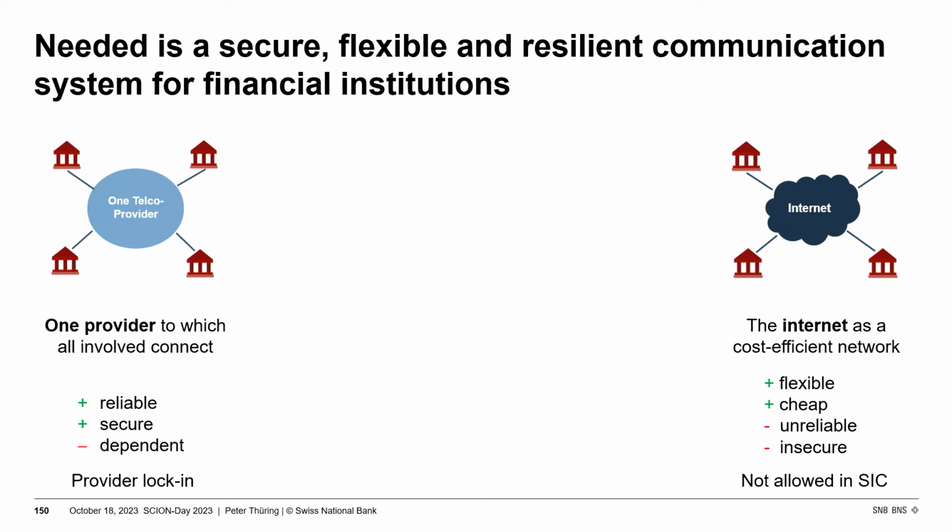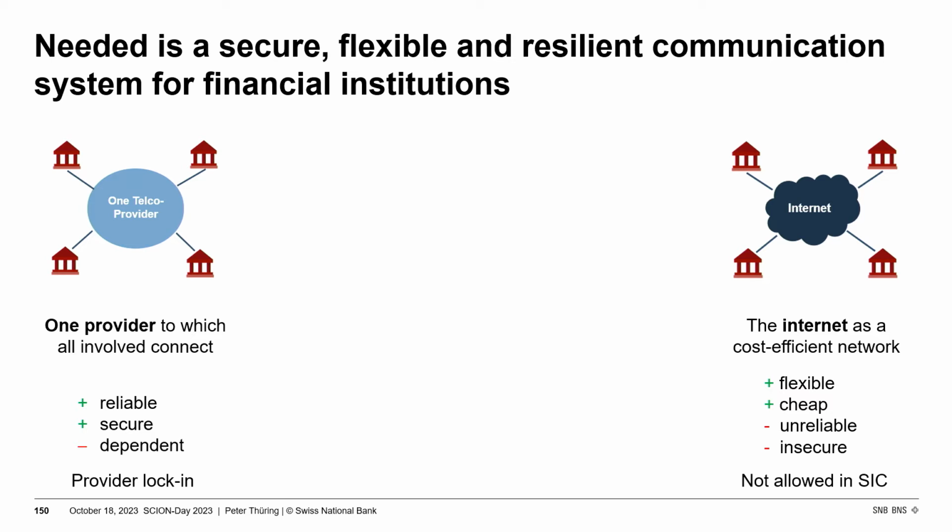The other way would be to use the internet as a cost-effective network. While the internet is flexible and cheap, it's also unreliable and insecure. For this reason, traffic, for example, of the Swiss interbank clearing system must not go through the internet. Both approaches have, of course, major weaknesses.